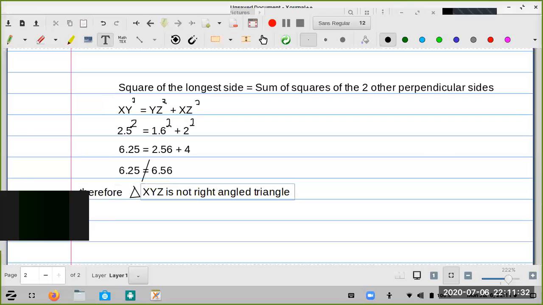Why are we saying it is not a right angled triangle? Because the longest side XY squared is not equal to the sum of squares of the other two sides. That's the reason why we are saying it's not a right angled triangle.